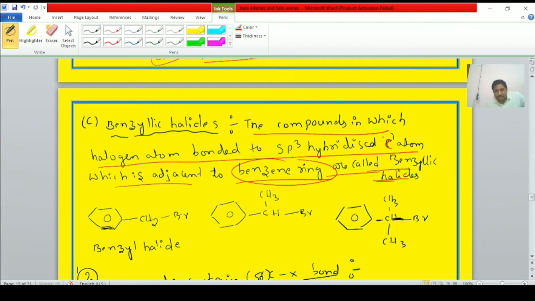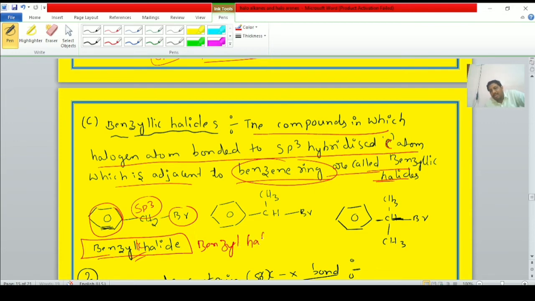For example, the halogen atom is bonded to the sp3 hybridized carbon which is adjacent to the benzene ring. This type of halides are called benzylic halides. Simply, you can call them benzyl halides also. Both are accepted: benzylic halides as well as benzyl halides.